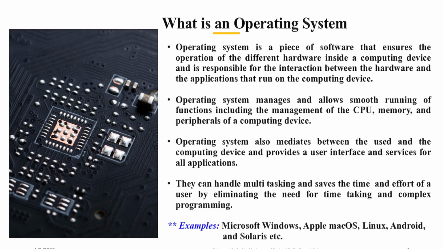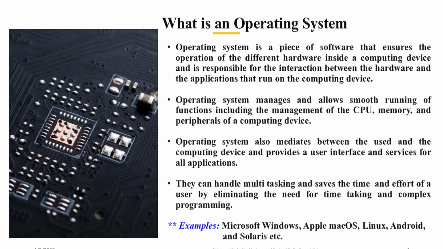For example, there are several operating systems available in the market. Most commonly used operating systems are Microsoft Windows, Apple's Mac OS, Linux, Android, generally used for mobile phones, and then Solaris, and there are several other such operating systems which are used by users in day to day life.